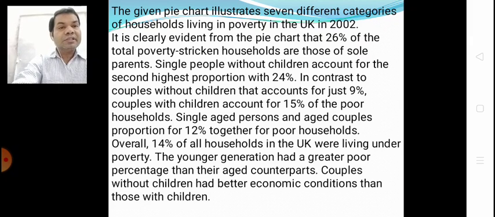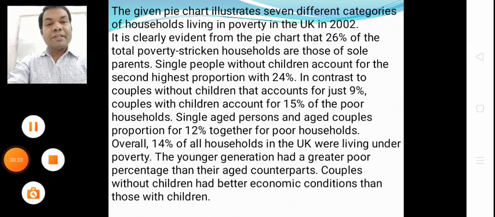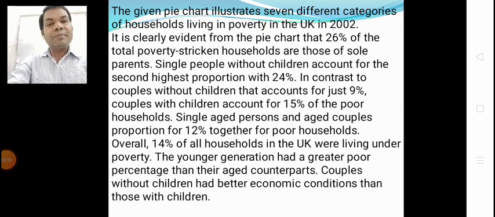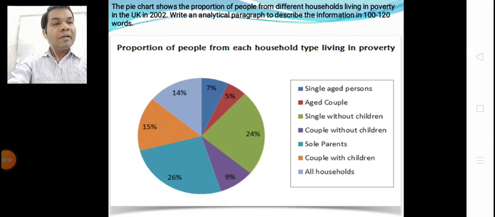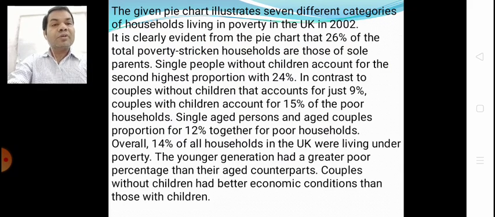So, dear students, using the information given in the pie chart, we have completed this analytical paragraph. You must take the screenshot, and these must be noted down in your notebook, as this is a new topic for you. CBSE has introduced this topic this year, so you must practice more to write a better analytical paragraph in your board exam.